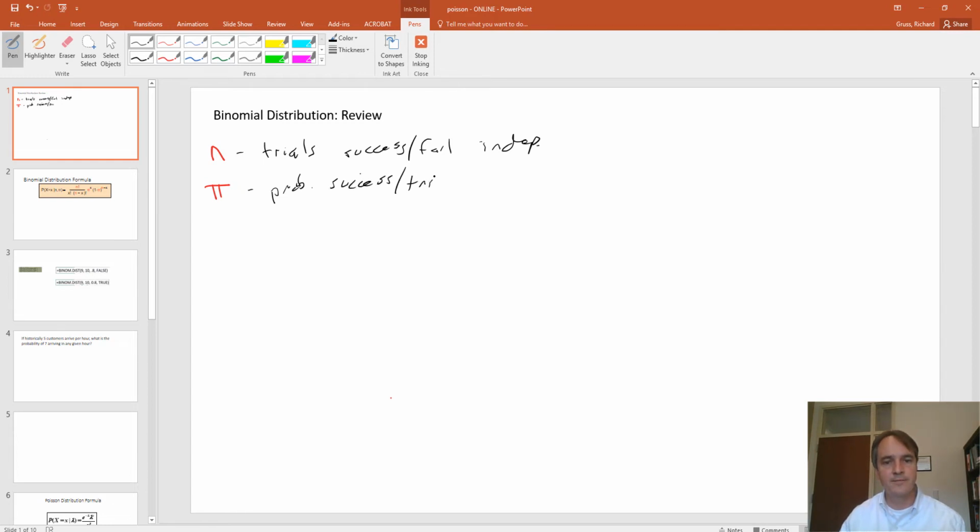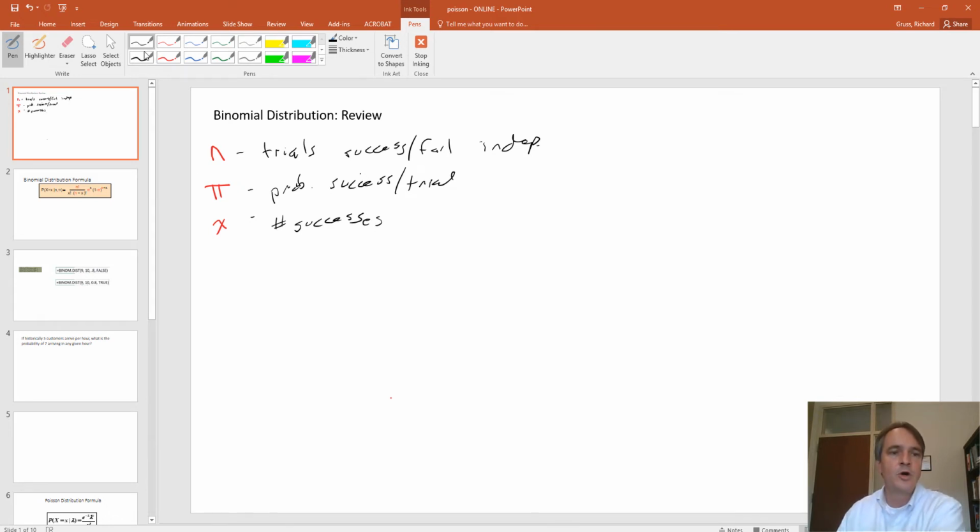An important assumption is that this probability doesn't change from trial to trial. And then finally, we had the number that we're asking about: the number of successes for this given and fixed number of trials.